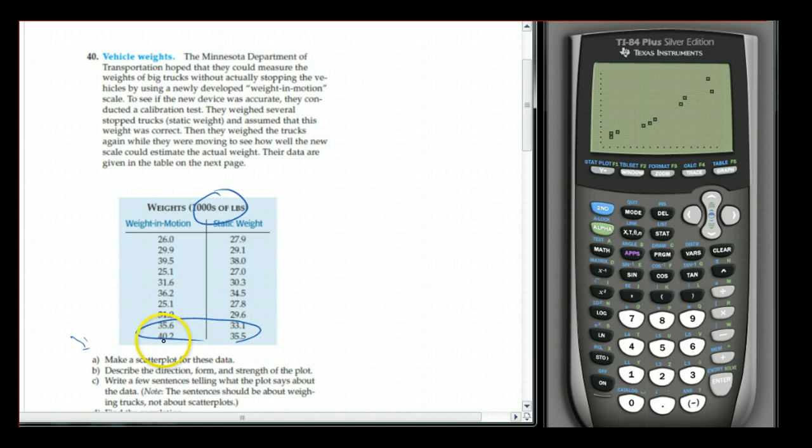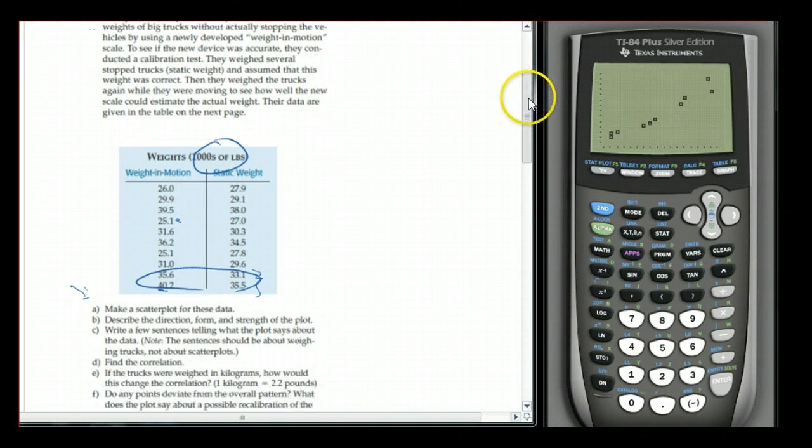The truck that's 35 is 40. So that's quite a bit of a difference compared to the other points. The other ones are all pretty close, 30 to 31. This one's kind of underweight. So the scale is fairly consistent up until the last 2 points, and then it gives pretty high estimates. So you can mention that as well.